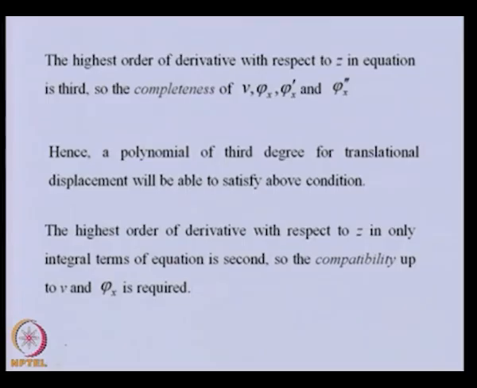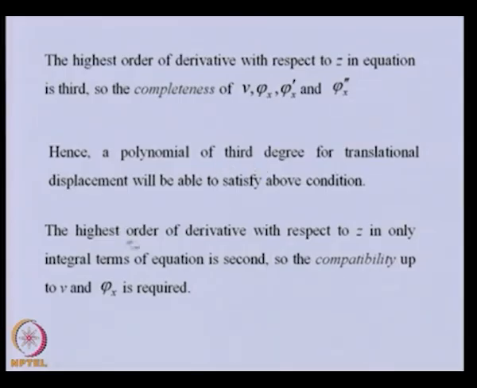The highest order of derivative with respect to z in the whole expression is third. So completeness is required up to the third differentiation with respect to v, because the slope is itself the first differentiation of the linear displacement. So a polynomial of third degree is sufficient for the shape function or the interpolation function.